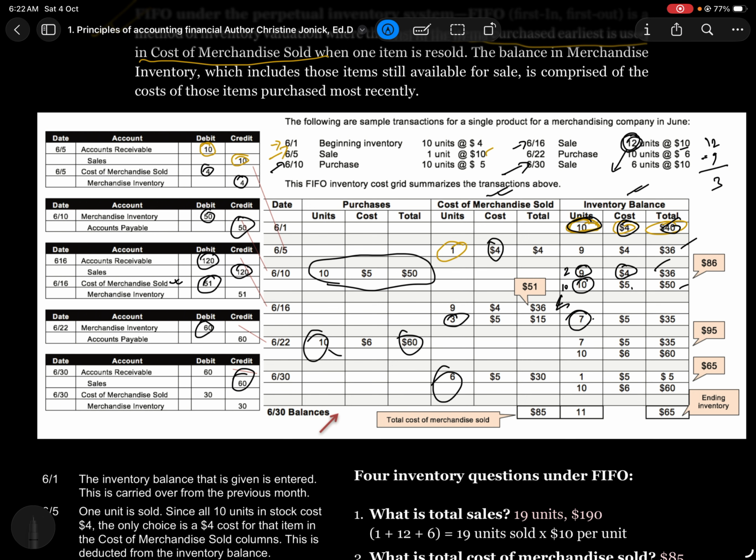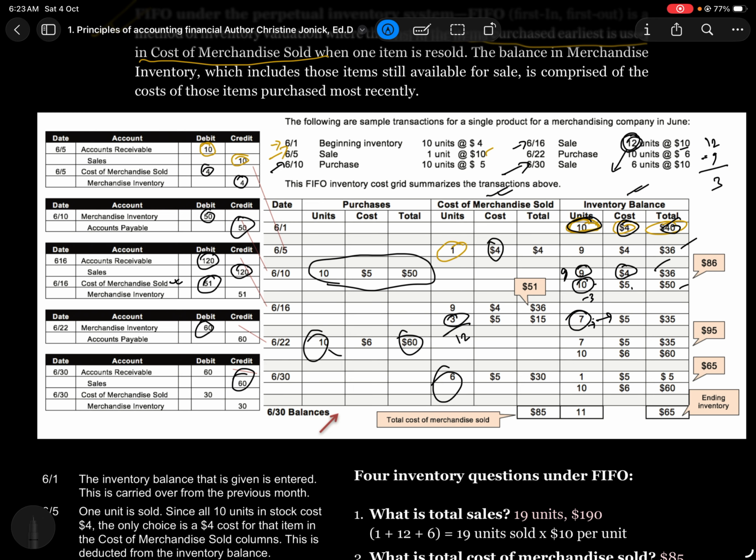So 7 at the rate 5 was there, not 4, because out of 10, what was remaining was 7. We had to get rid of 3, because 9 was given out and 3 was given out when we sold 12. So now 7 is remaining at the rate 5.